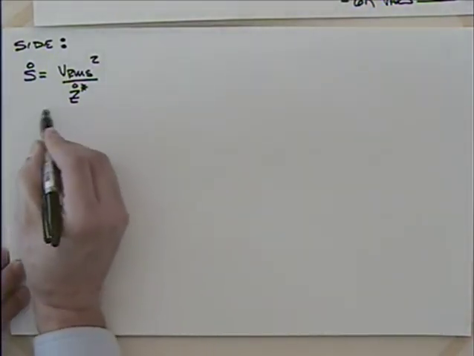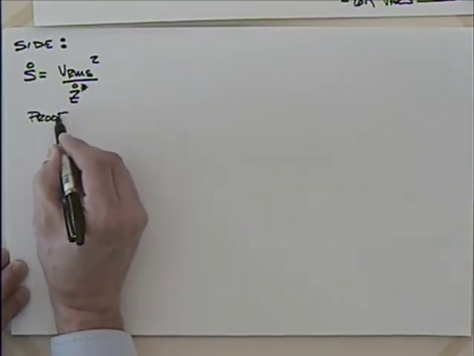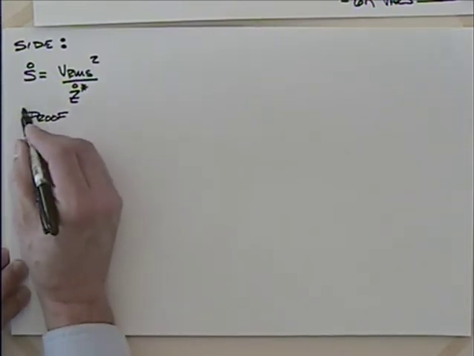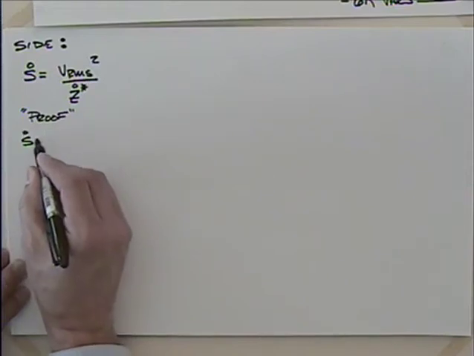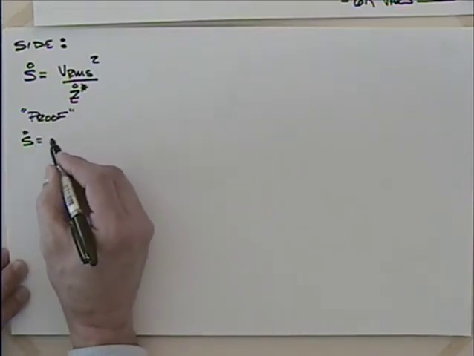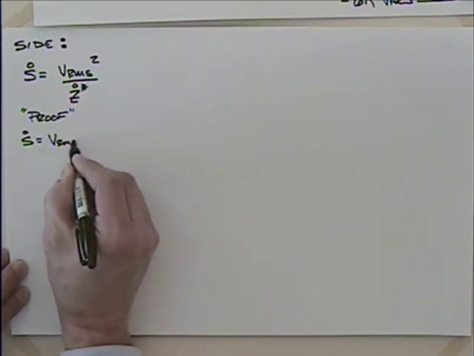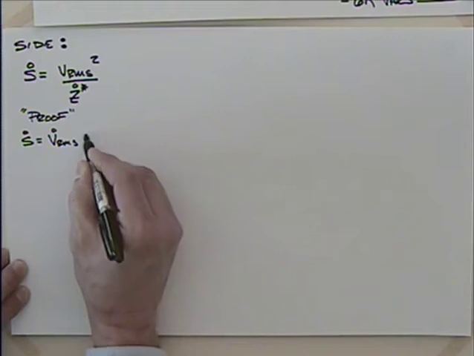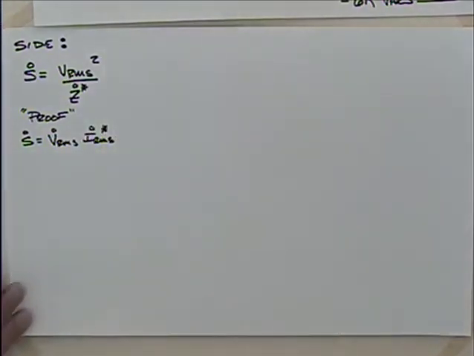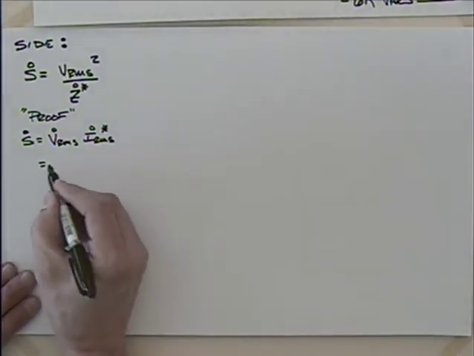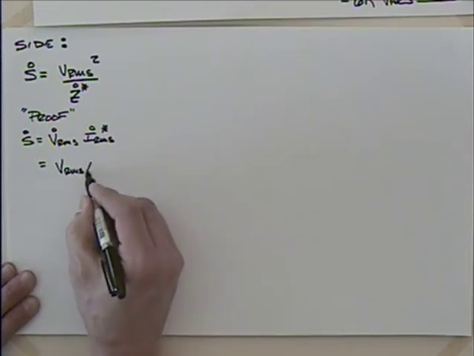So, our proof, put this in quotes. Didn't we say that S was equal to, by definition, V RMS times I RMS conjugate? Isn't that how I started out with complex power? Okay. So I'm going to write V RMS a little bit differently. I'm going to say that it's magnitude RMS, whatever the magnitude is, at the angle theta.